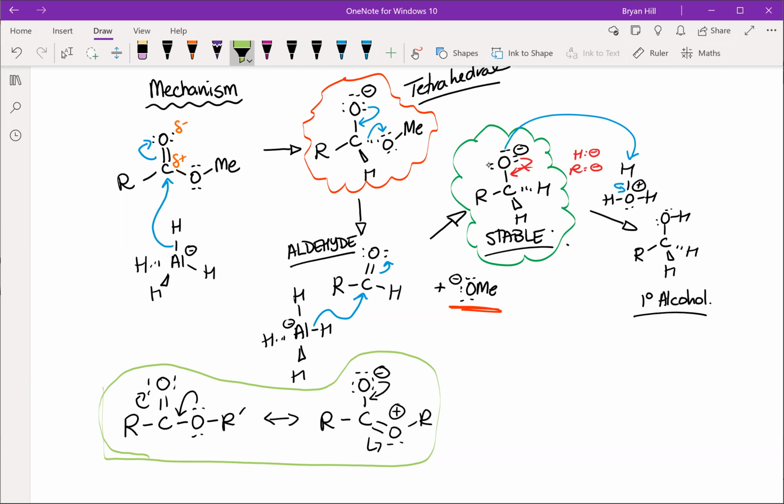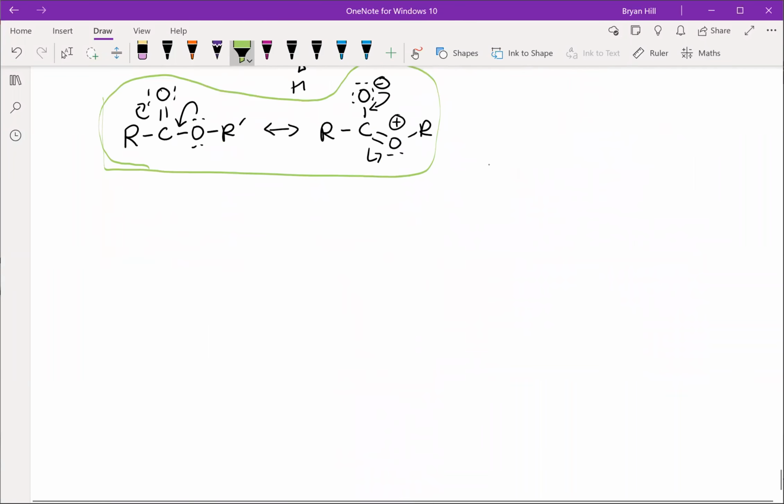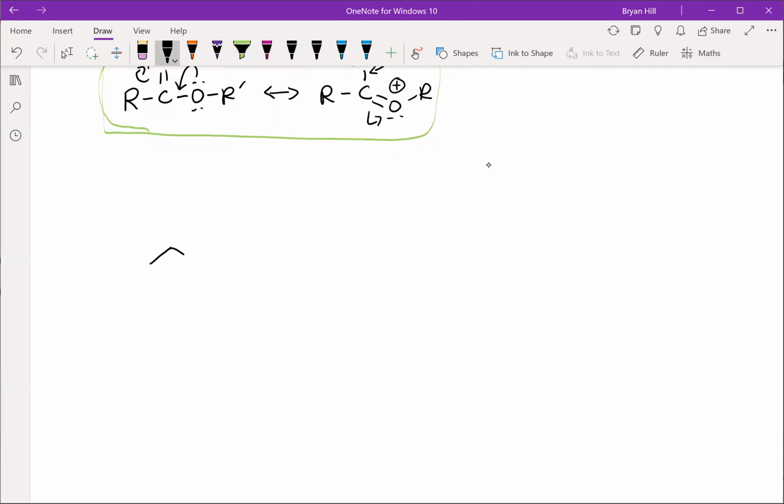Remember, aluminum's lower on the periodic table than boron, so it's more electropositive, which makes the aluminum-hydrogen bond more polarized, with the delta minus on H. So it's a stronger source of H minus, or hydride. You really need lithium aluminum hydride to react with esters. So I guess the key point is that if you've got an ester, actually, let's do this.